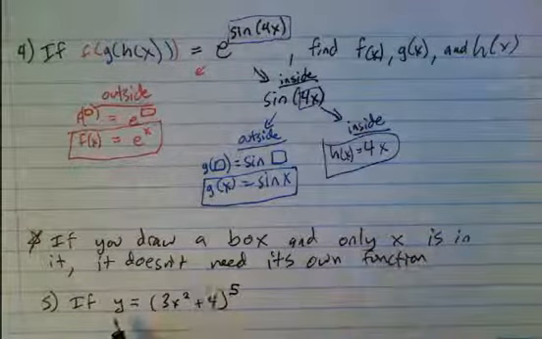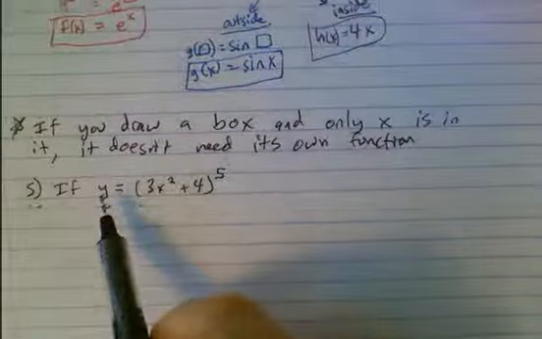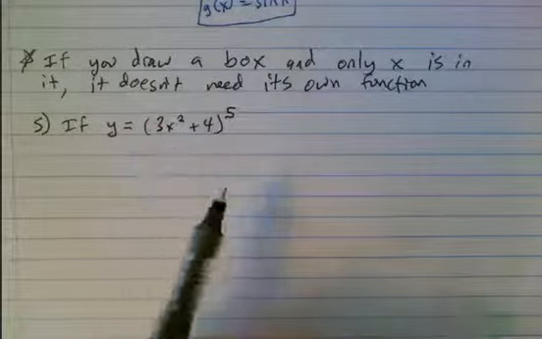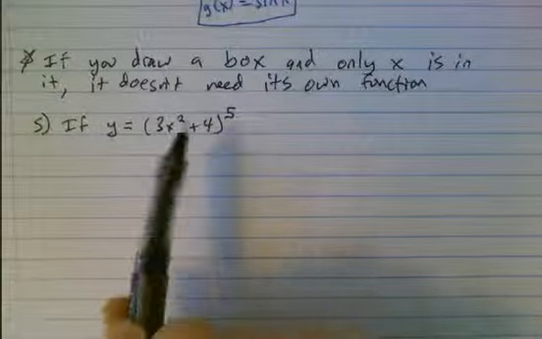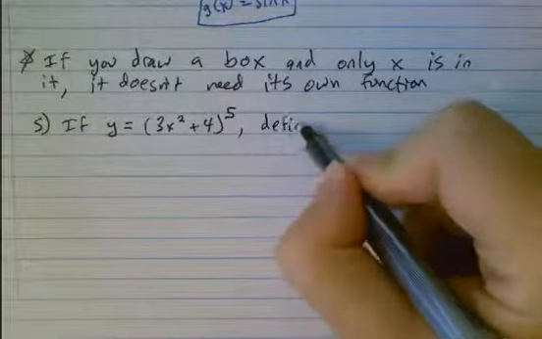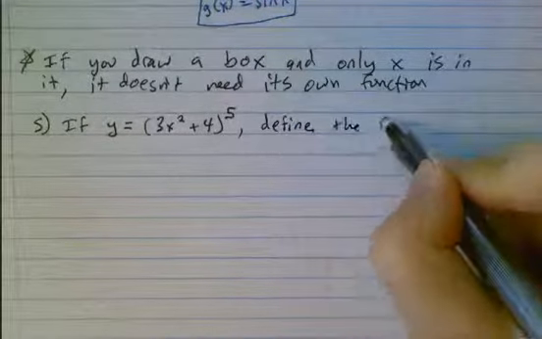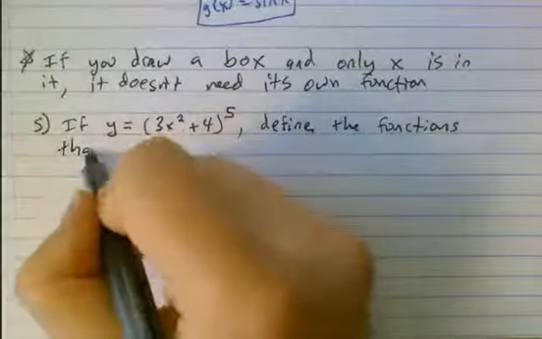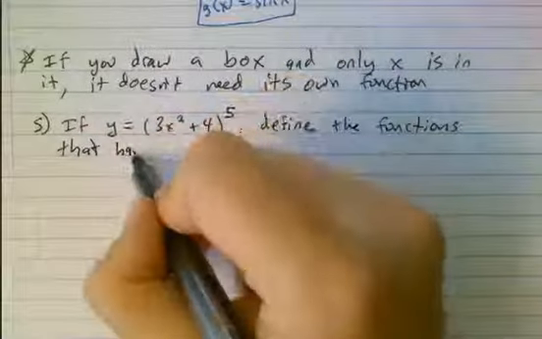And I'm not telling you about the f of x's and the g of x's and all that sort of thing here, because I don't want it to be clear yet on how many functions are in here, how many functions are composed. So the directions are going to be to define the functions that have been composed. That's what we've been doing before.